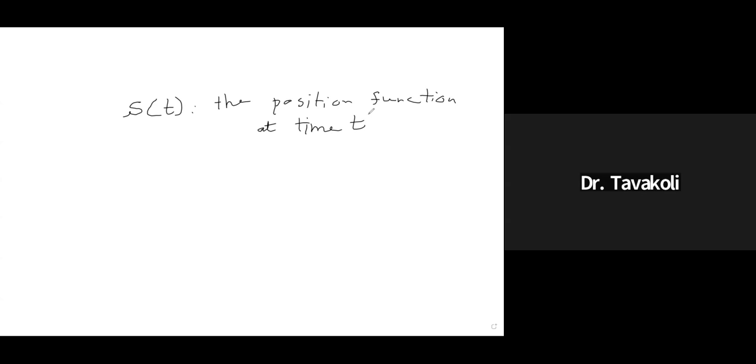As you know from Calc 1, the derivative of s, or s prime, is what? It is the velocity, v of t. It is the velocity of the object or particle at time t.